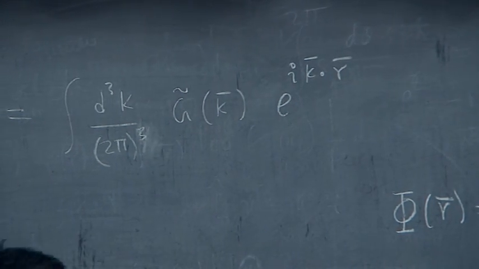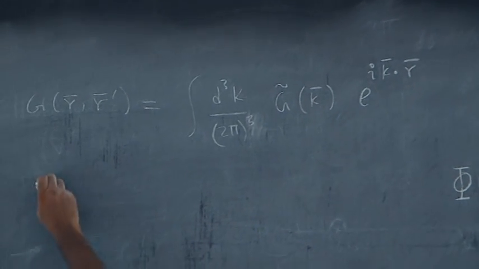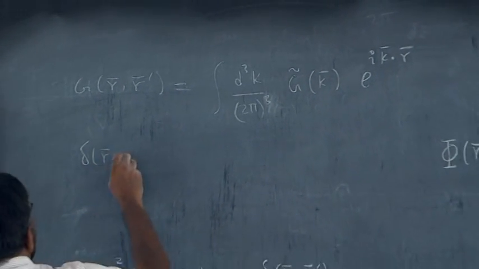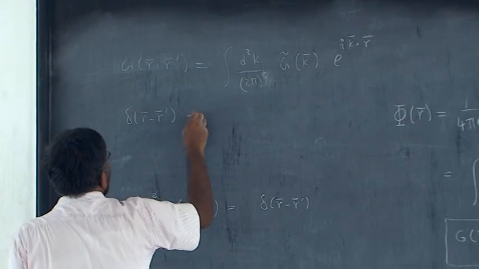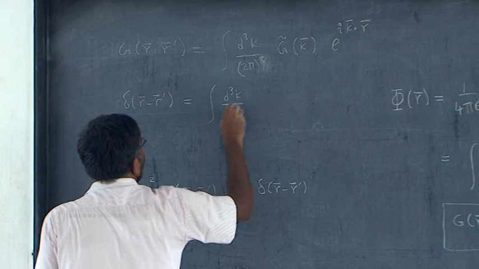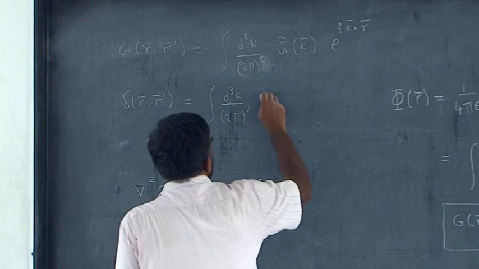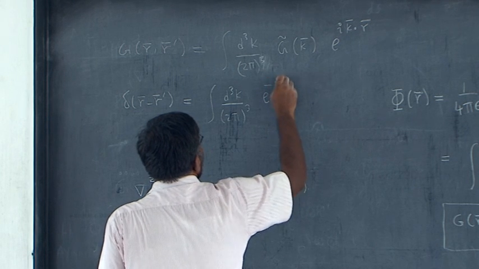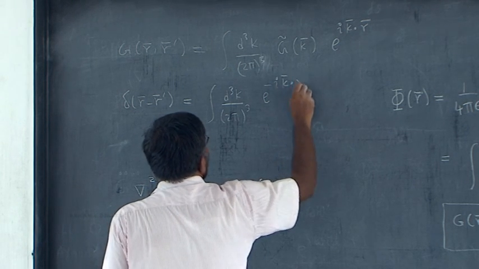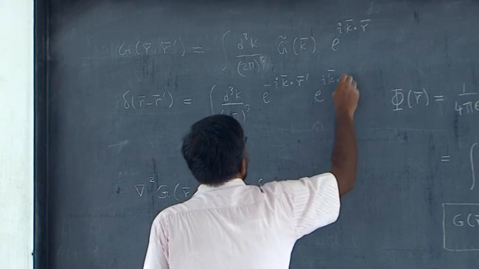This is the Fourier transform of this. And similarly, delta of r minus r prime will be written as integral d3k by 2 pi the whole cube into e to the power minus i k dot r prime into e to the power i k dot r.